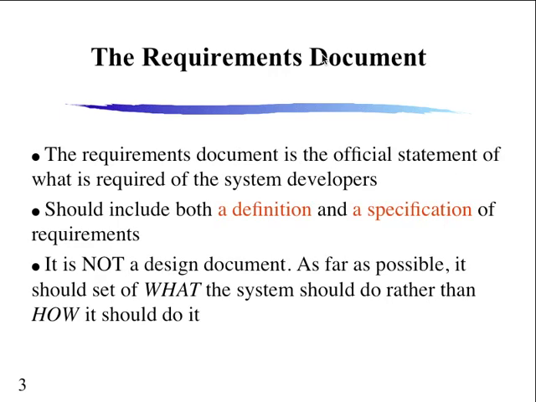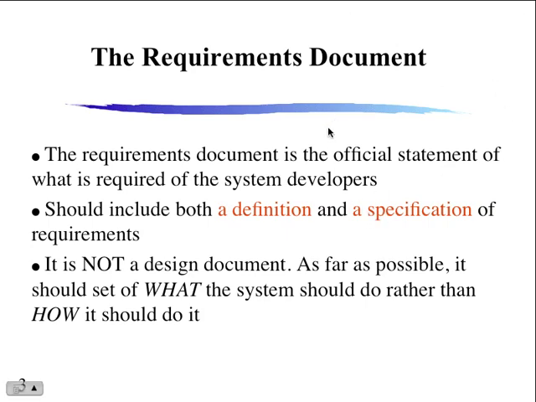As I mentioned before, this is a little bit of review and/or new stuff for those people who just started the course. The requirements document is the official statement. It's usually used as a legal document that says what the system's going to do, what it is we're going to provide. It should have both a definition and a specification requirement. What we're doing for this particular class is the definition.